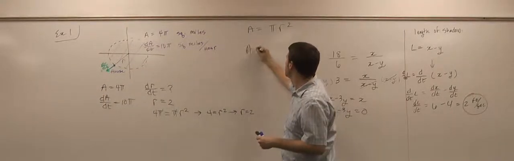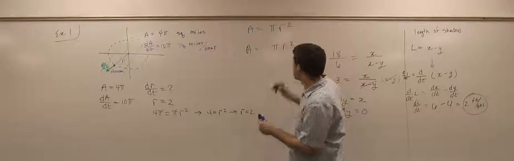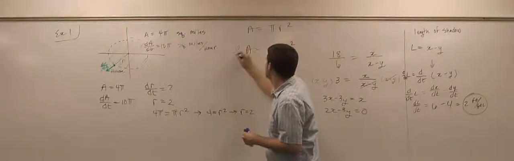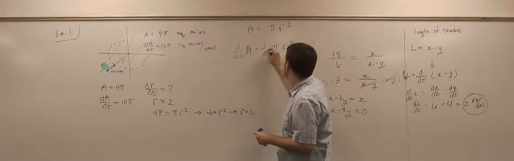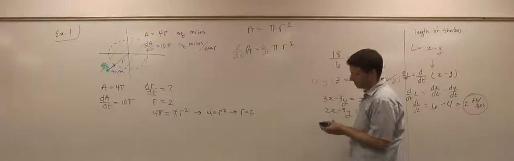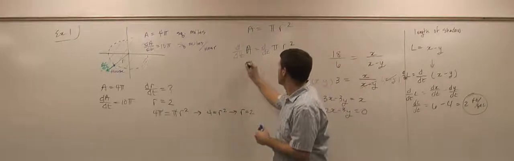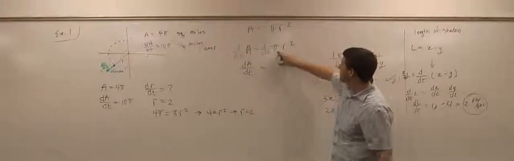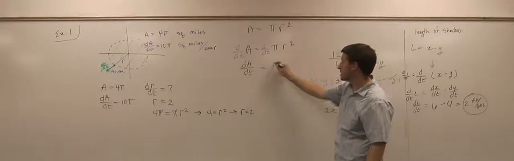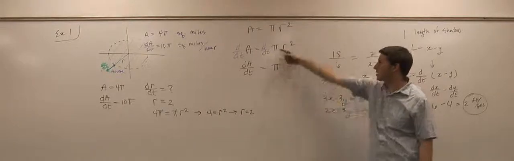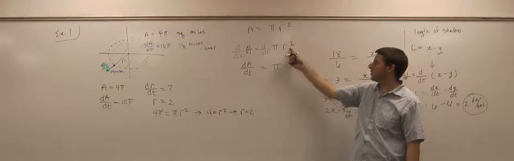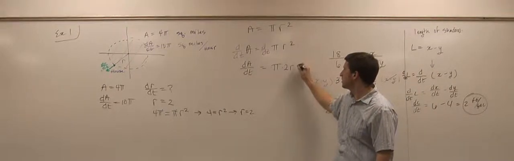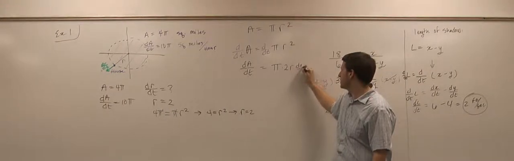Take your formula, derive both sides with respect to t. This becomes dA dt. The pi is a constant, so the constant multiple just follows along. The derivative of r squared is 2r dr dt, derivative of the inside.